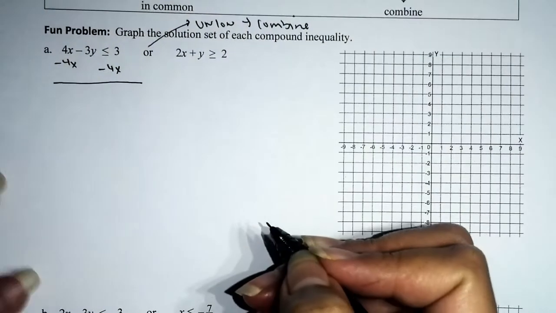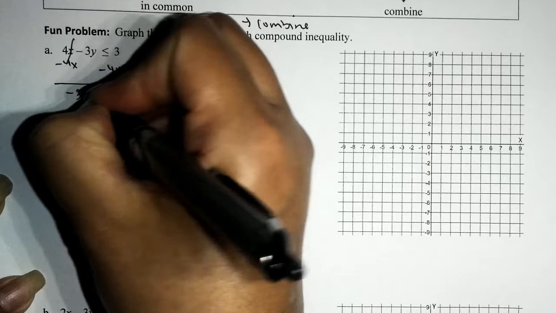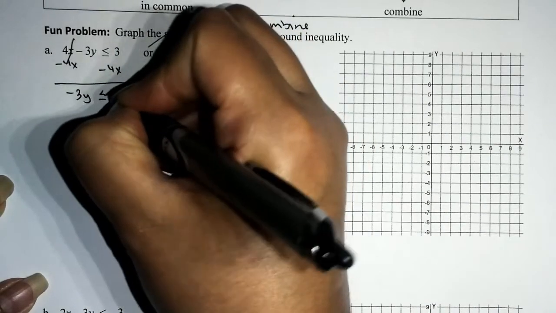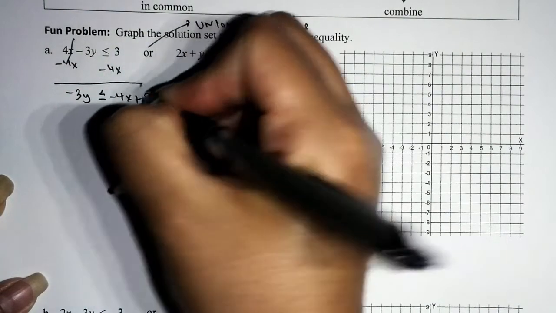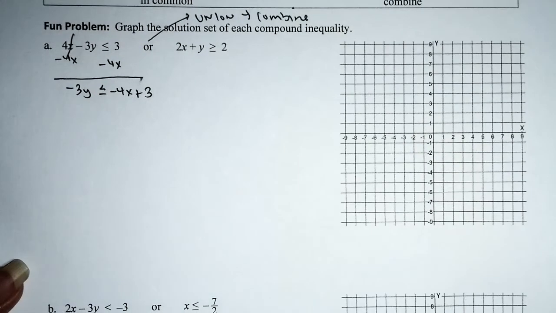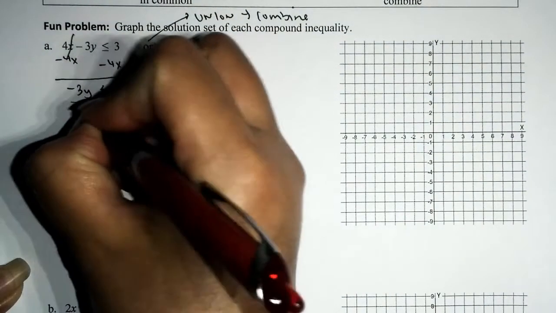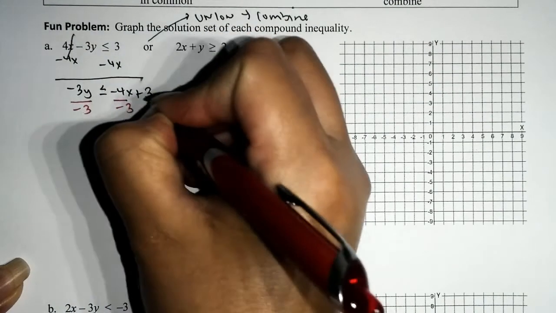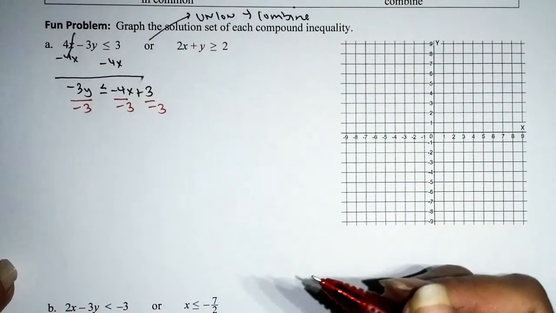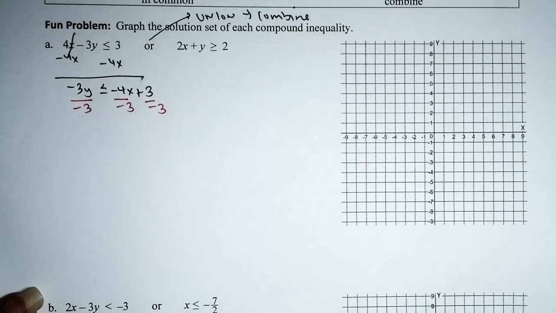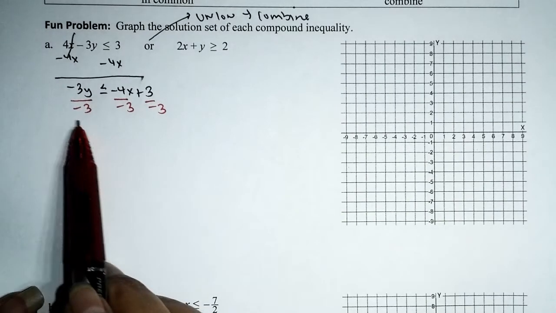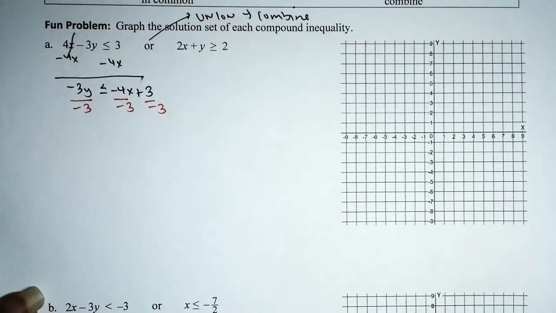And that will leave us with negative 3y is less than or equal to negative 4x plus 3. To finish it off, to get rid of the times 3, let's divide both sides by negative 3. And then again, you know the drill. I want to remind myself at any point, if I multiply or divide both sides by a negative, we have to reverse the direction of the inequality symbol.